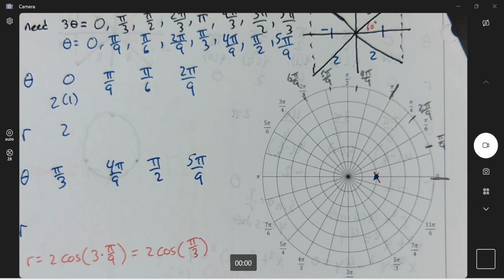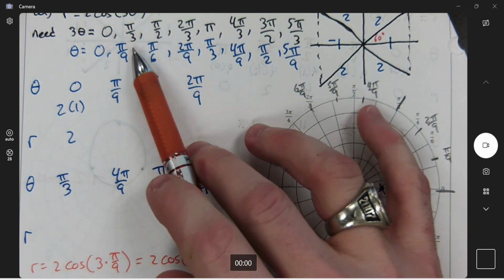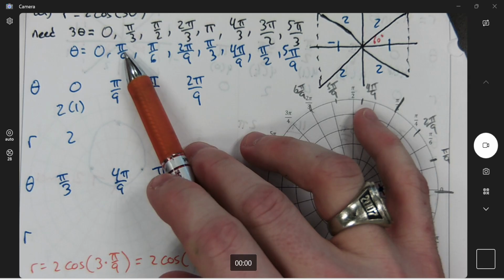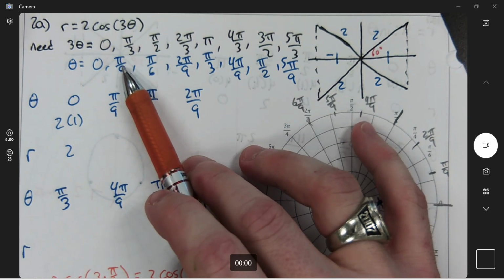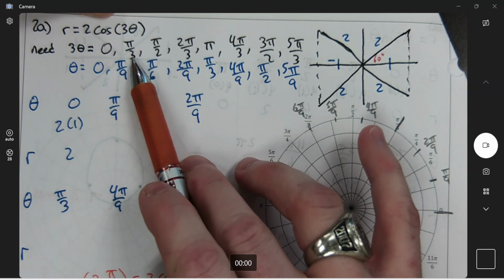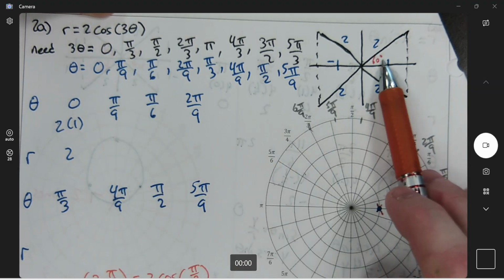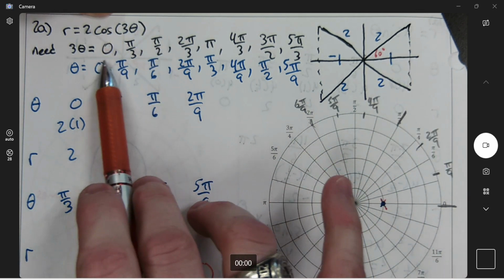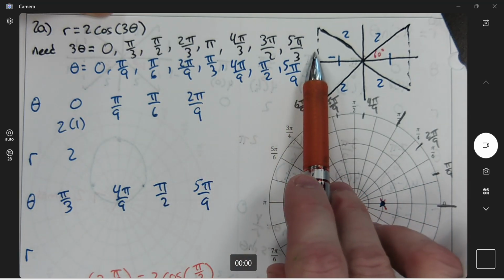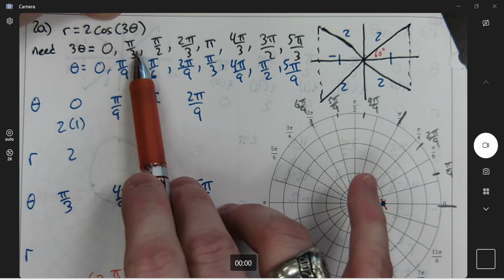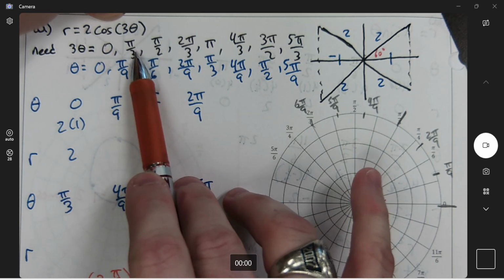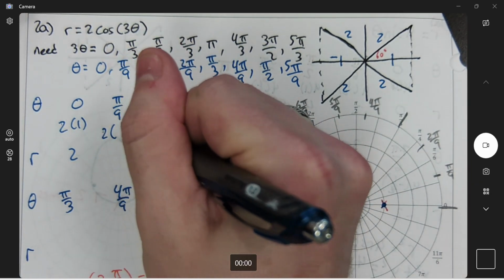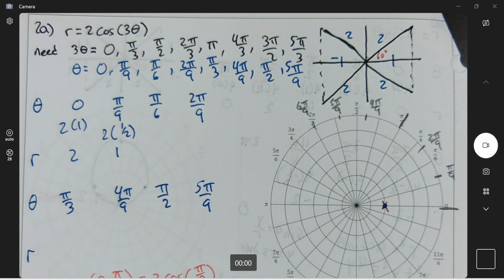And now if we come back up here, what I was saying was, when we input this, we're forcing our equation to evaluate cosine at this angle. That's the idea, and that is right here. So we're going to force this to always evaluate at somewhere nice. Cosine at this angle, so pi over 9 goes in, we're doing cosine of pi over 3, is 1/2. It gets me 2 times 1/2, or a value of 1.